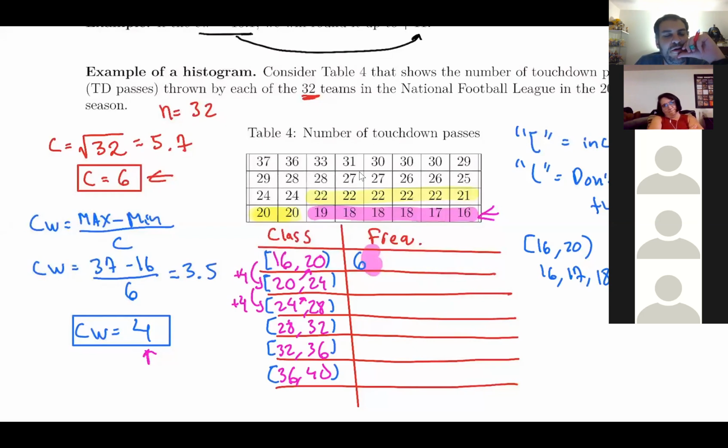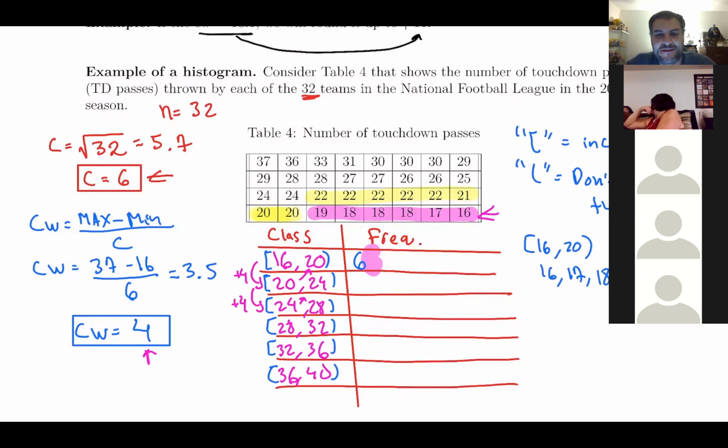So for example, class 1 will be 16 and class 2 will be 20, correct? Oh, yeah. If you're calling that class 1 and class 2, then yeah, you only have 2 of them, because you only want the lowest and the highest amount for that class. But you need to call that the lower boundary and the upper boundary. But if you want to say class 1 and class 2, that's fine. Oh, I called it that because that's what you called it. But yeah, okay, thank you.